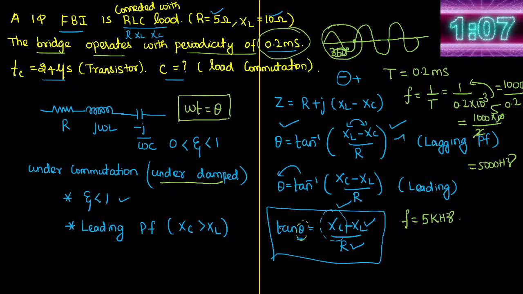Only then is it possible to bring this system under commutation. This is the basic operation of load commutation. We have to bring the system under damping. If you want to bring the system to under damping, then the mandatory minimum condition is omega t should be equal to theta at least.